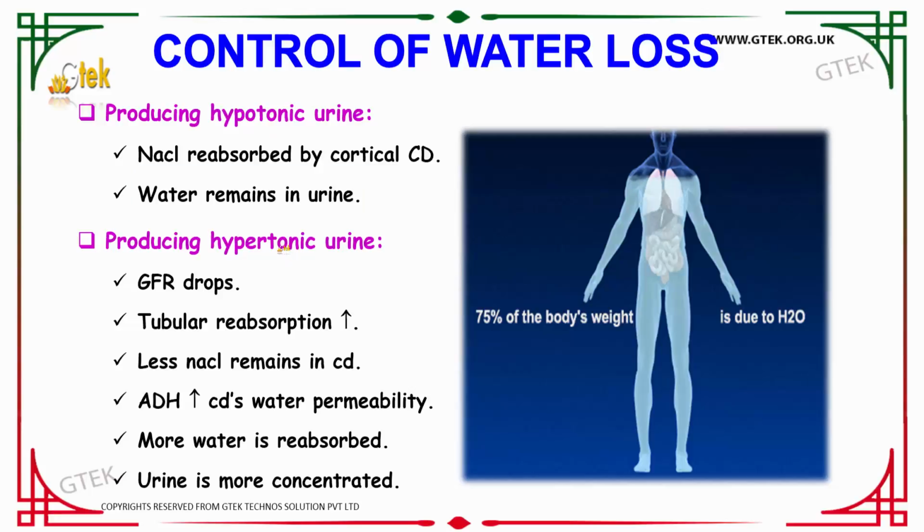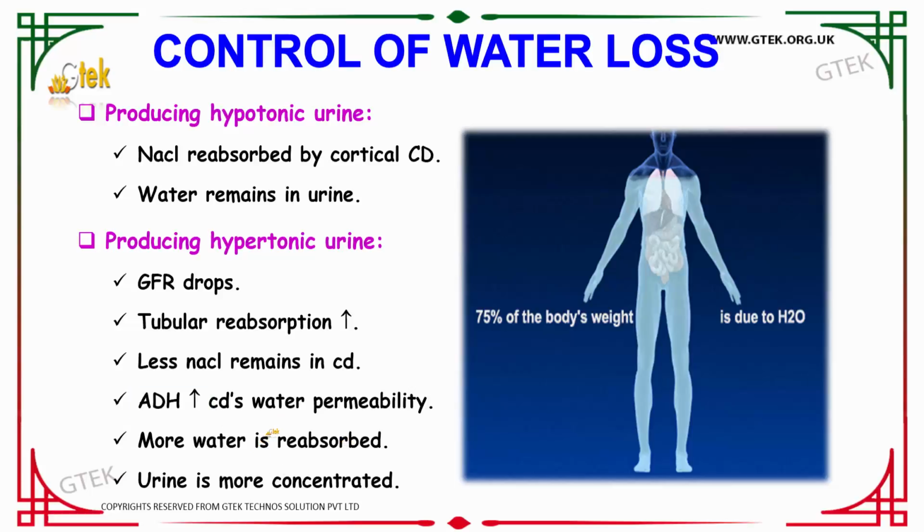If the GFR, that is your filtration rate, drops, which increases the tubular reabsorption, so less amount of NaCl remains in your collecting duct. So when less NaCl remains in the collecting duct, it will lead to an increase in ADH, which increases your collecting duct's water permeability.